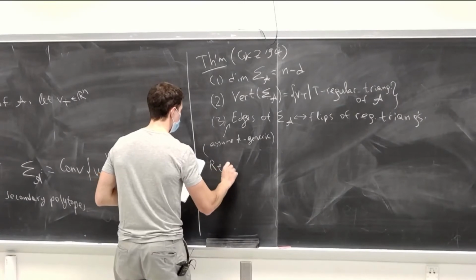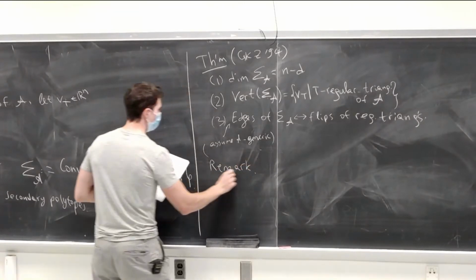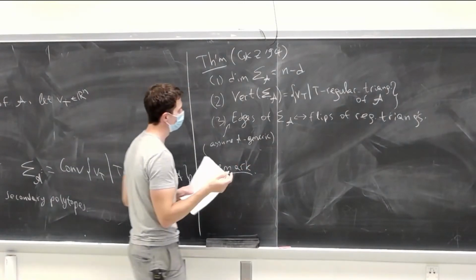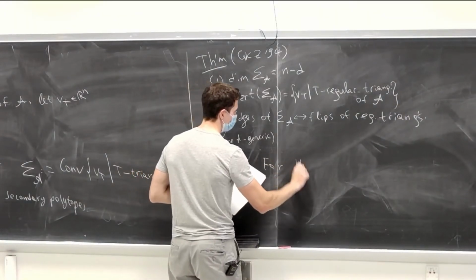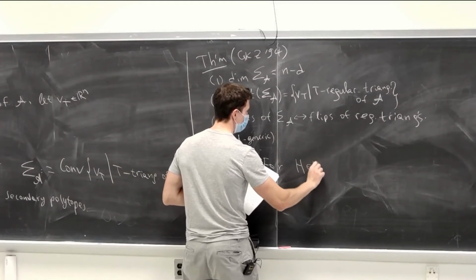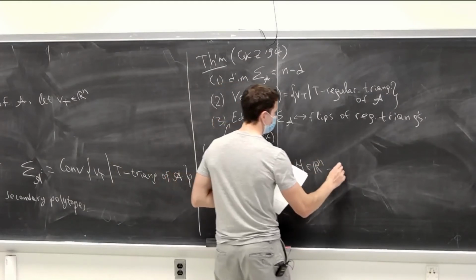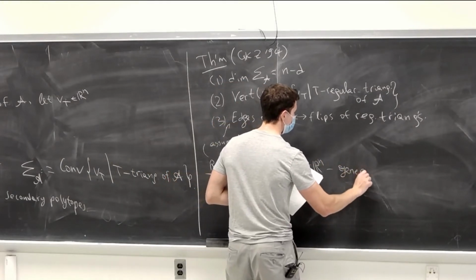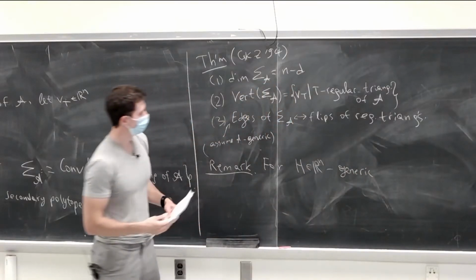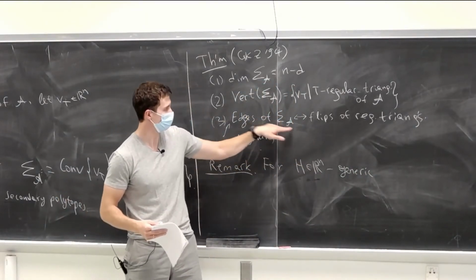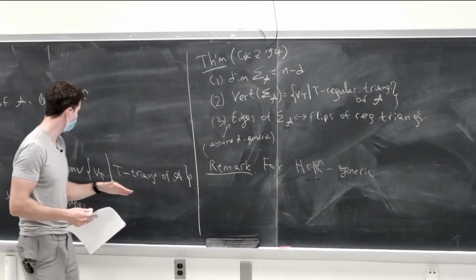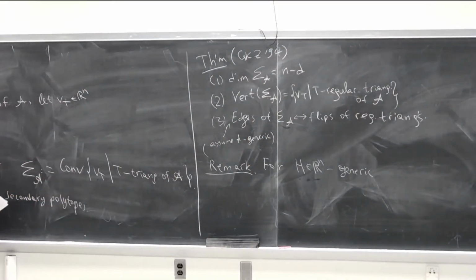Remark: if you choose a vector h, capital H, inside R^n, let's assume that it's generic. My secondary polytope lives inside R^n.